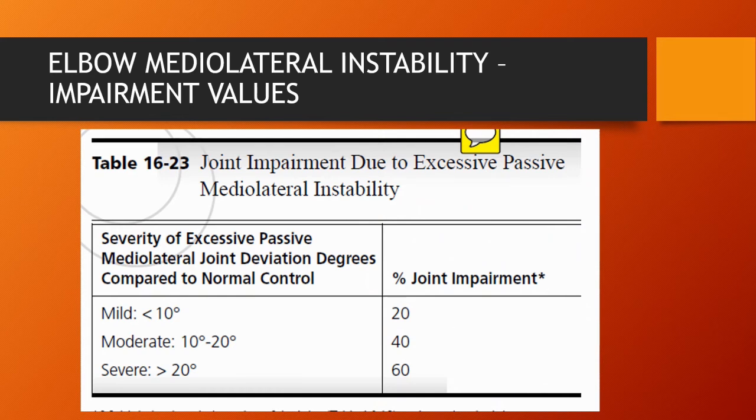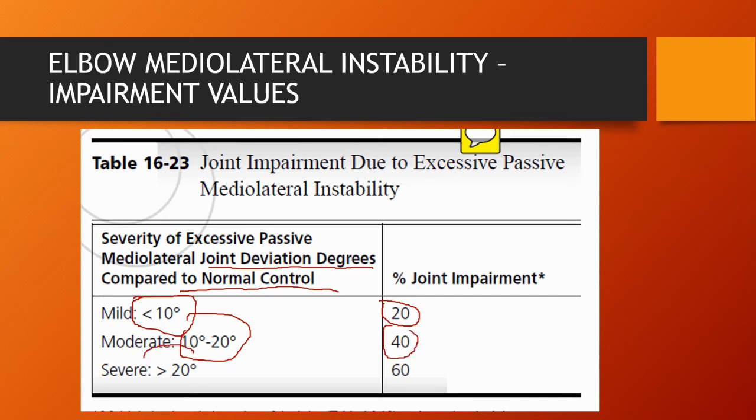Okay, so let's go through a couple of these impairments. When the excessive deviation degrees are compared to the normal, either the opposite uninvolved upper extremity or to normal population normals when both upper extremities are involved, if the excessive degrees is less than 10 degrees, which is going to be most of your examinees, that qualifies for a 20% joint impairment. Moderate, at 10 to 20 degrees, qualifies for a 40% joint impairment.